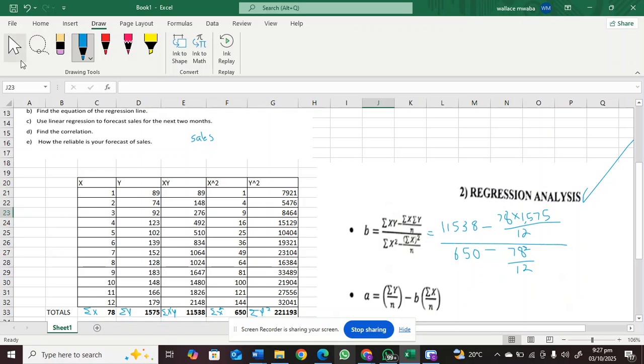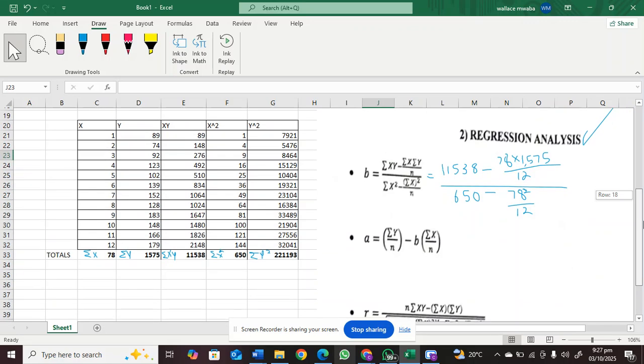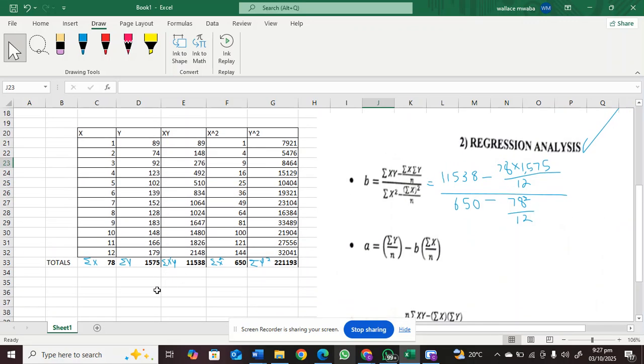Okay, so we do our tabulations. We start with 78 times 1575. You get 122,850. 122,850 divided by 12 gives 10,237.5.